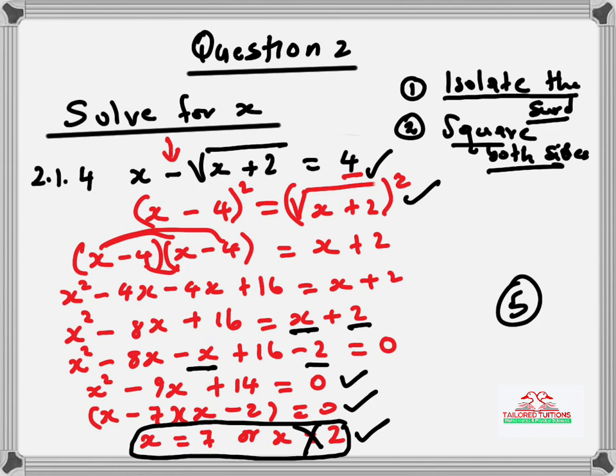But sometimes if it is 6 marks, maybe you'll have 1 mark for writing both answers, and then the second mark for rejecting the incorrect answer. So that's how it works with these type of equations. So I'm just going to say this one is 5 marks. That is 2.1.4, good people.